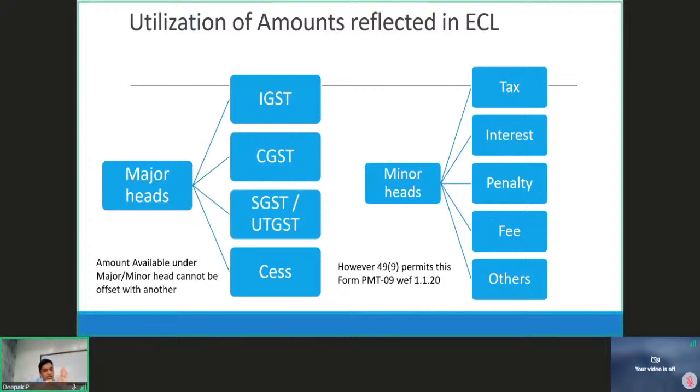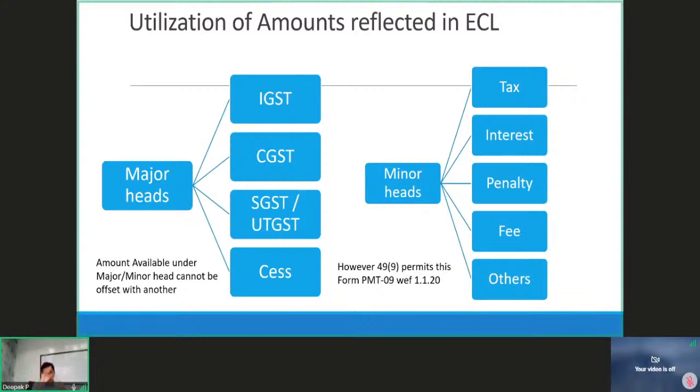You will have to trigger the transfer from CGST tax to IGST tax. Then once you do the transfer, your IGST cash balance increases. Then you offset this with your tax liability. Clear? So you should have sufficient balance in your respective major heads. If sufficient balance is not there, then you will transfer it from another ledger to your correct ledger through PMT09.